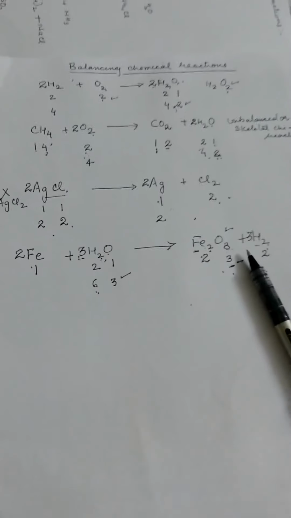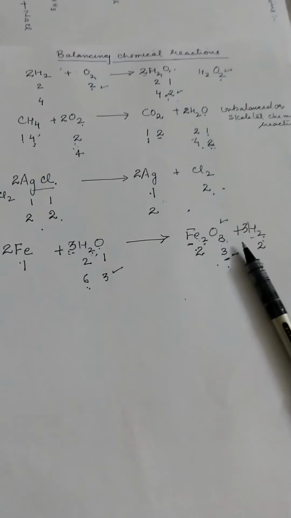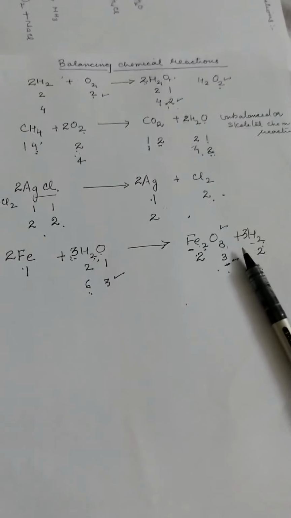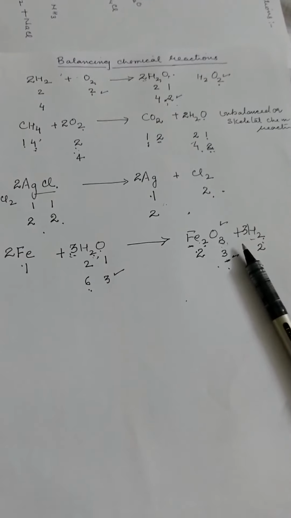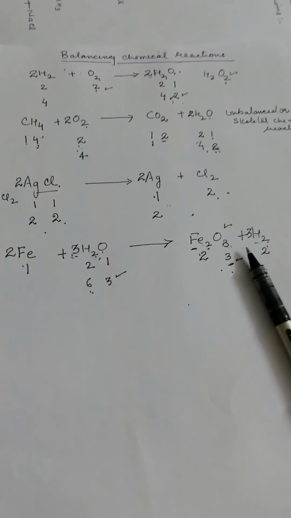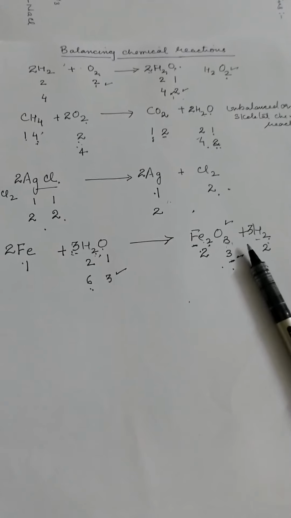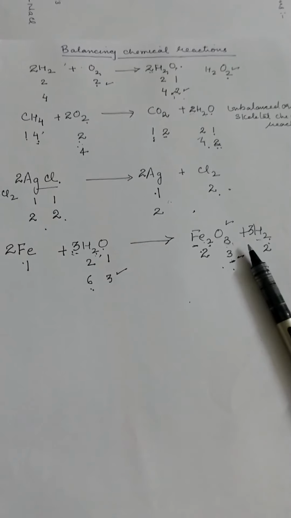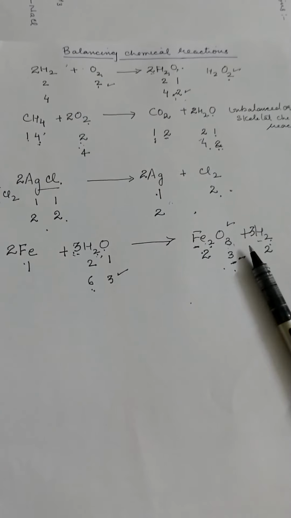Children, there is no method or hard and fast rule to balance a chemical reaction. But for the sake of convenience, we start balancing those atoms which have a large number of atoms.